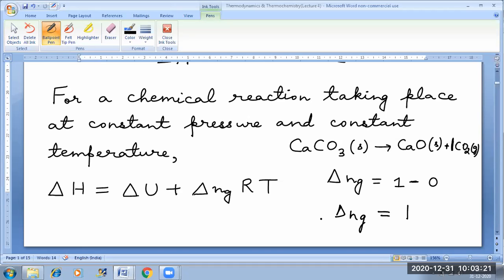Any doubt? Okay, delta Ng is clear. So you will only look at gases present on products as well as reactant side.